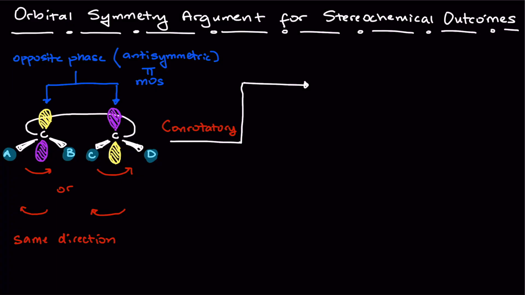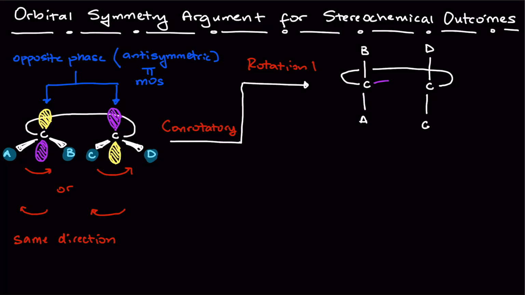And so now let's think about what this would look like when we do this conrotatory rotation. In this case, B will be on top and A will be below on the carbon on the left. And on the carbon on the right, you would have D on top and C below. And if you do this, the purple lobes of the p orbitals of both carbons are going to overlap in a sigma fashion.